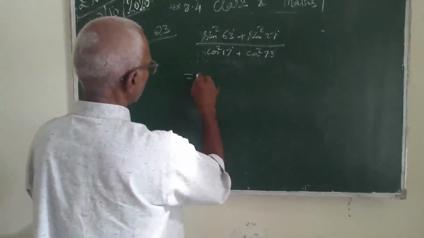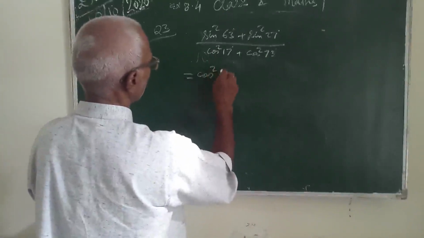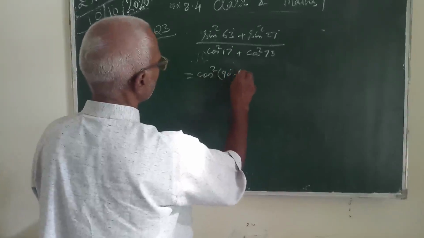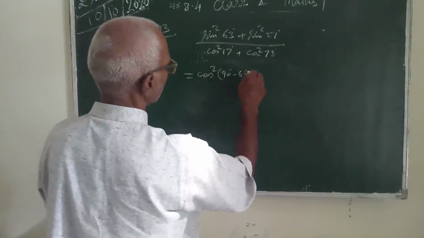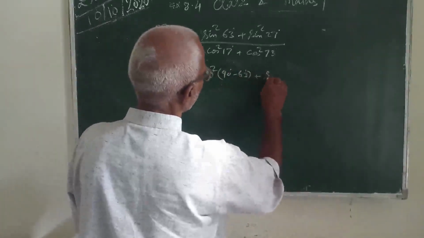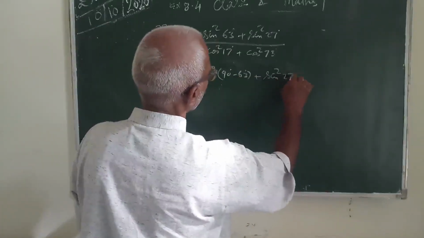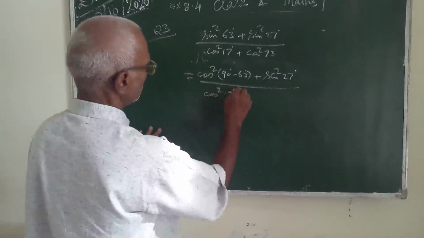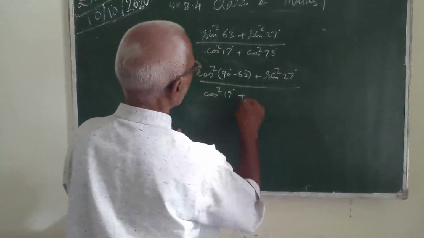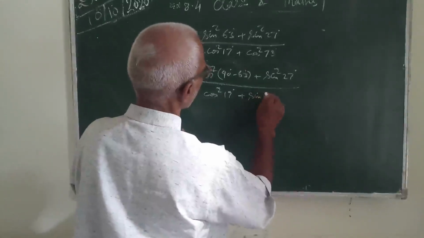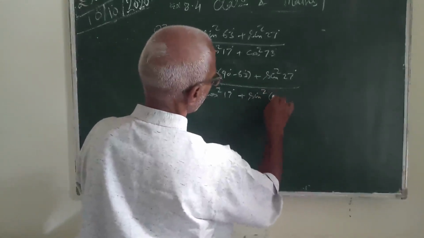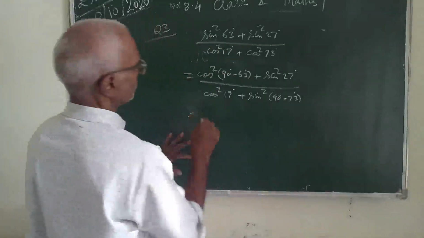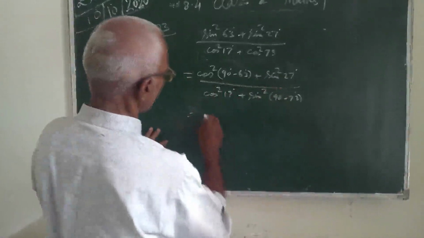So in place of sine, sine theta is cos of 90 minus theta. So 90 degree minus 63 degree, and leave sine square 27 as it is. Cos square 17, leave it as it is, and change here: cos becomes sine square, write 90 minus 73 degree. So 90 minus 63 is 27.